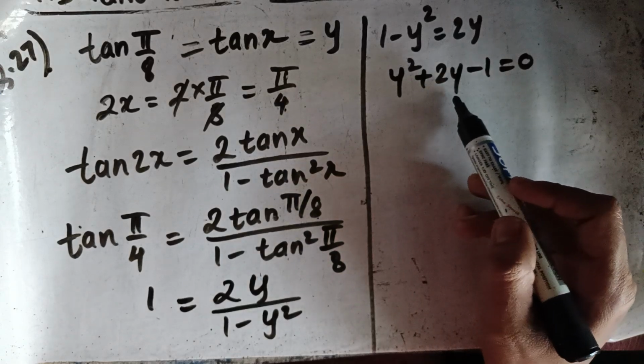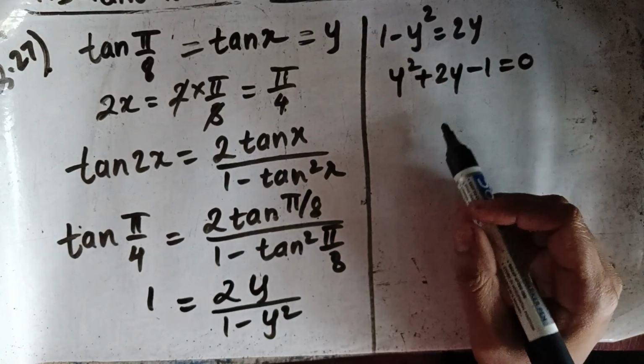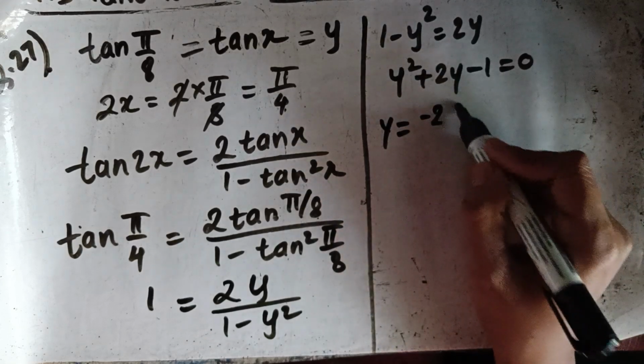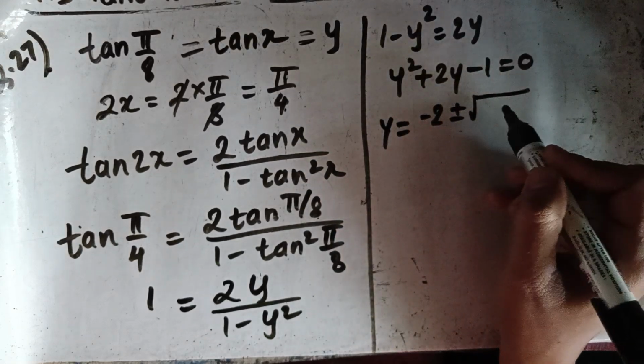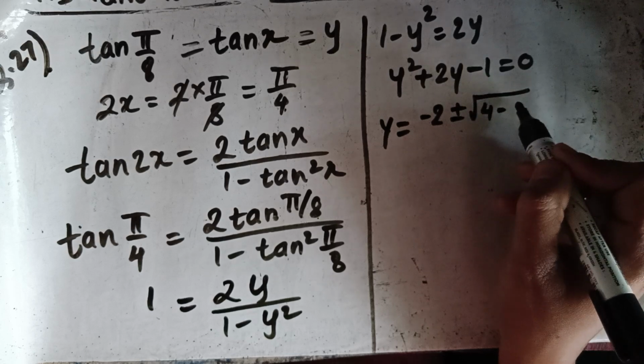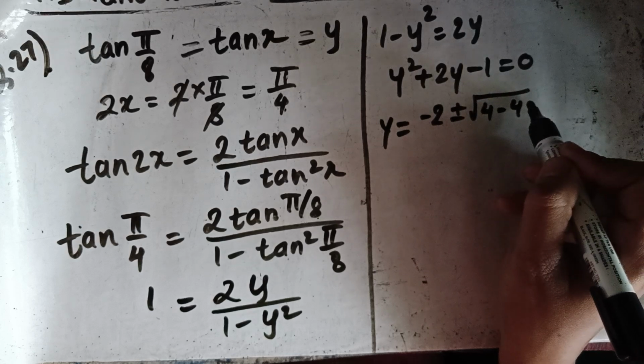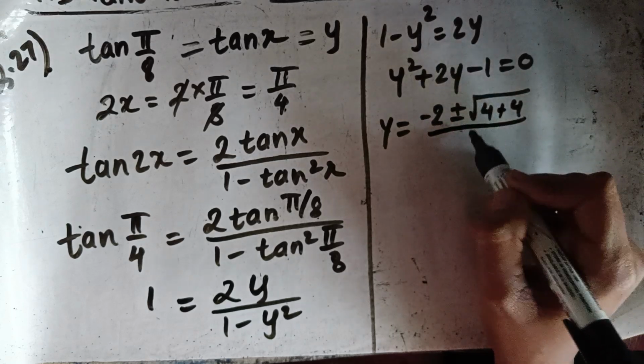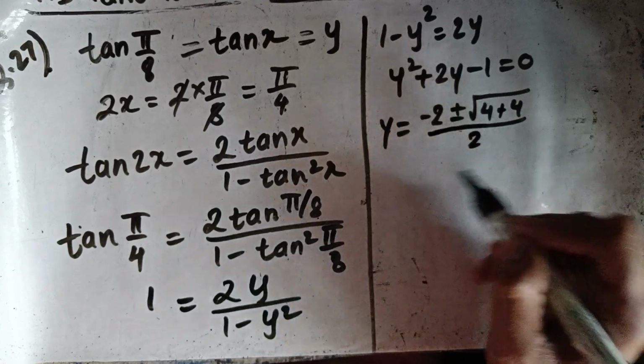Using the quadratic formula, you will get y equals minus b plus or minus root of b square minus 4ac, which is plus 4, upon 2a.